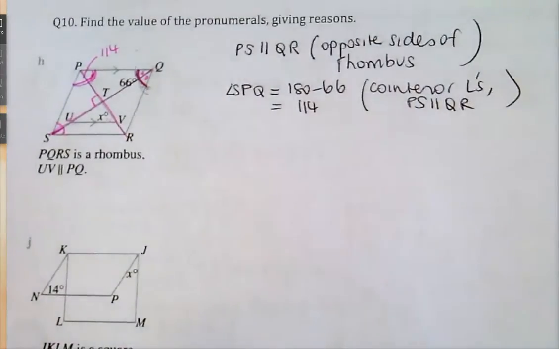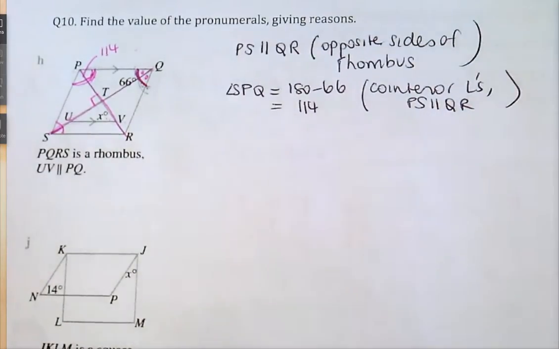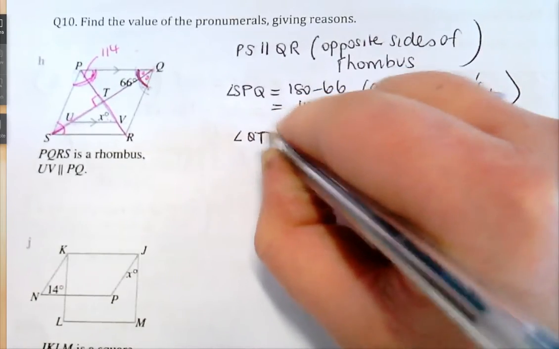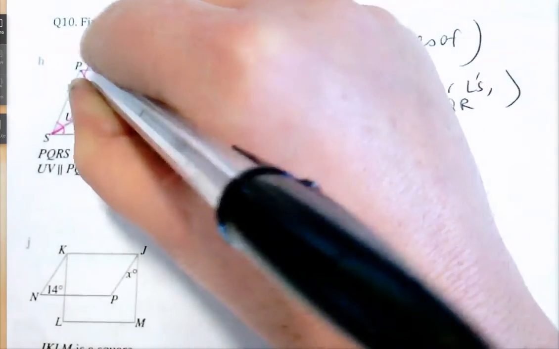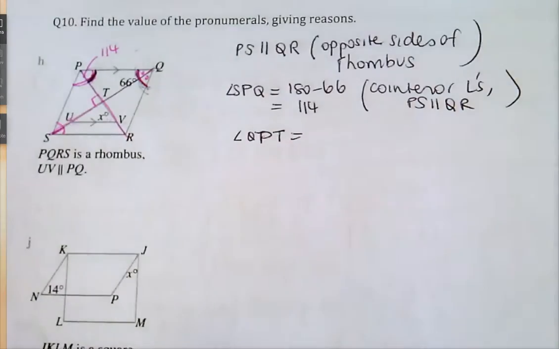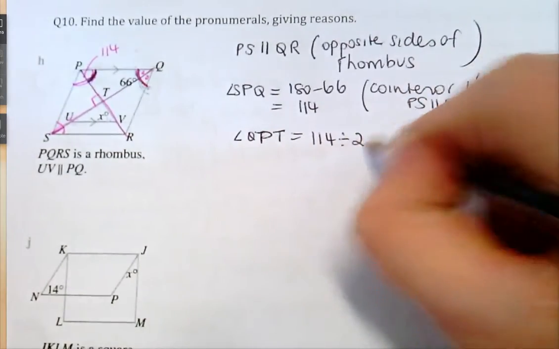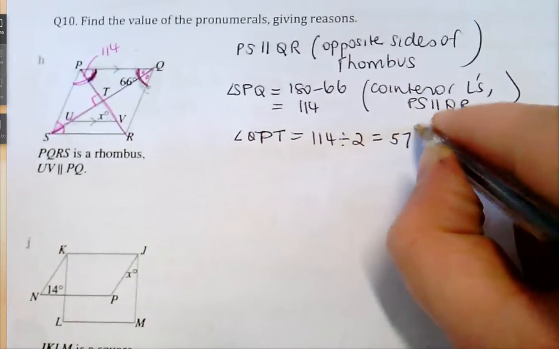Okay, but we know that, again, diagonals of a rhombus bisect the angles at the vertices of a rhombus. So angle QPT, this angle here, is equal to a half of 114. So it's 114 divided by 2, which is 57 degrees.